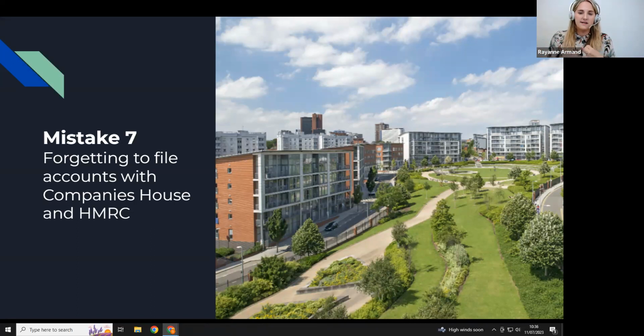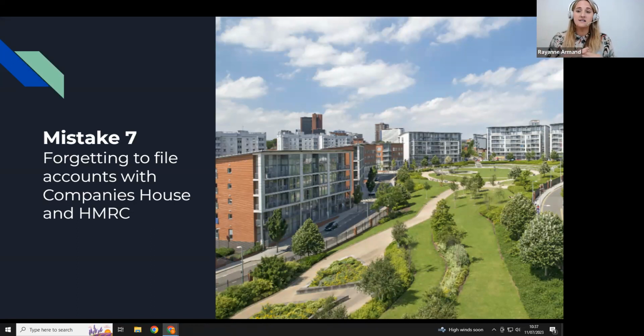Otherwise, if they are expecting something from the company, and you know going forward you're going to file dormant accounts, you can notify HMRC that the company will be dormant going forward. So the ideal scenario is that HMRC has been notified that the company is dormant and there's nothing to file. If they haven't been notified, you will have to submit a dormant corporation tax return with accounts to HMRC every year, which obviously feels like a waste of time when you can just let them know.